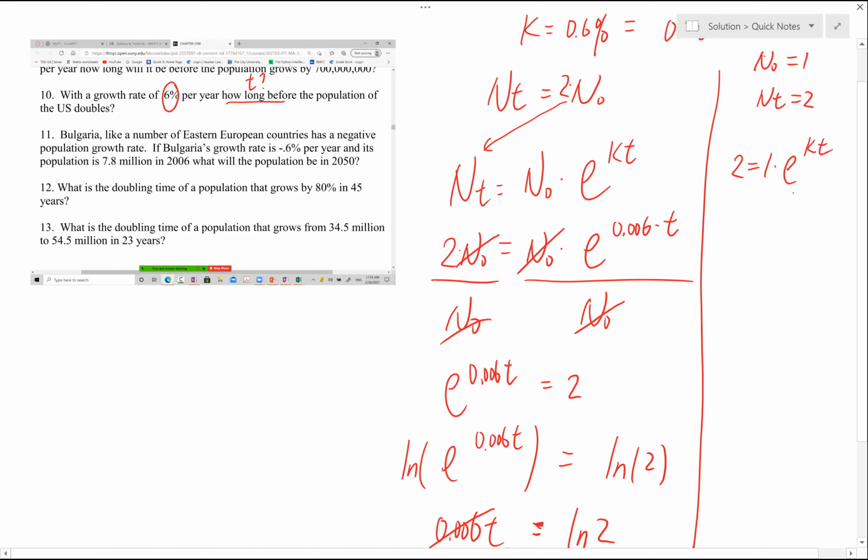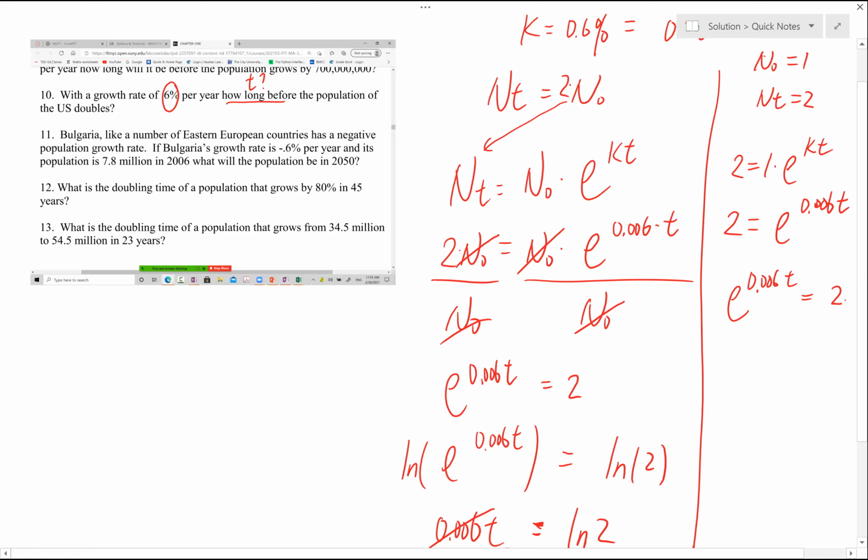You can even skip that and jump right to e2 equal to e to the 0.006. In that case, you don't have to deal with the actual variable here, right? No more variable, just the number itself. If that's helping, you can do that.